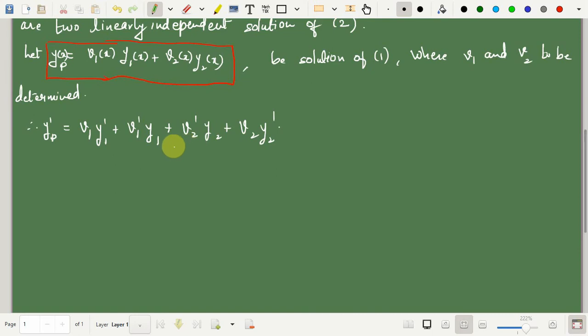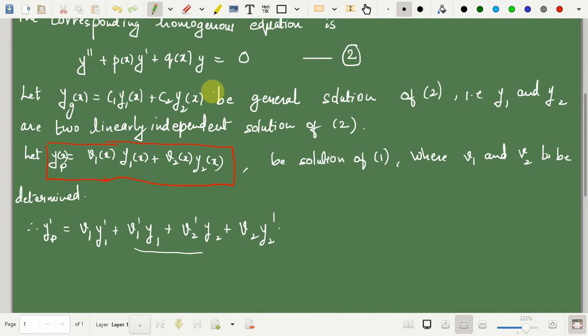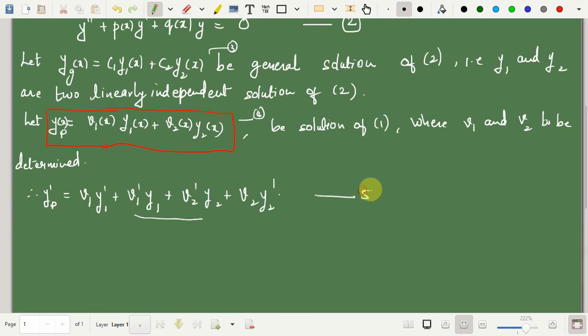So what I'll do is make this term equal to 0. Since v1 and v2 are our choice, I mean we need to determine them, we put one more condition on this v1 and v2. We will put the condition that v1 prime y1 plus v2 prime y2 is equal to 0, so that we get rid of this first derivative in yp prime. I should have called this equation 3, this equation 4, and this equation 5.